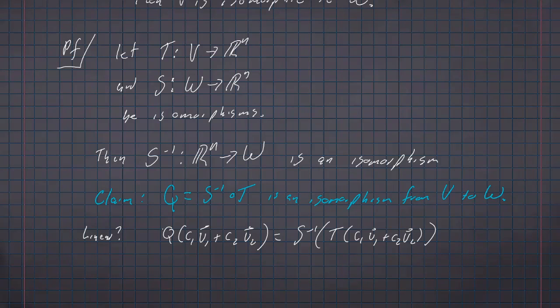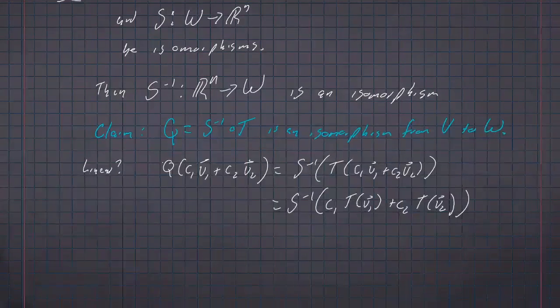T is an isomorphism, so it's a linear transformation. And S inverse is an isomorphism, so it's a linear transformation.